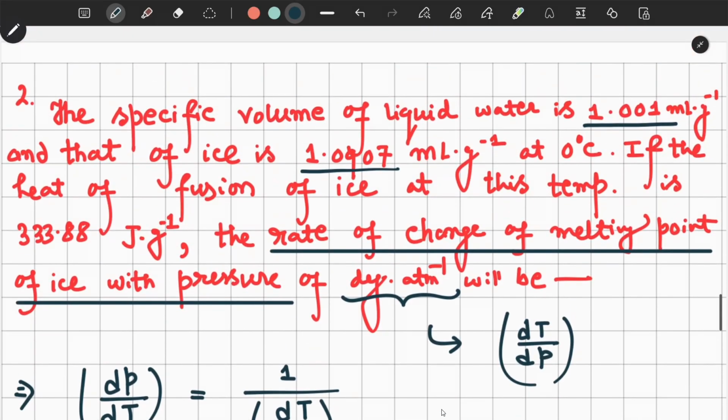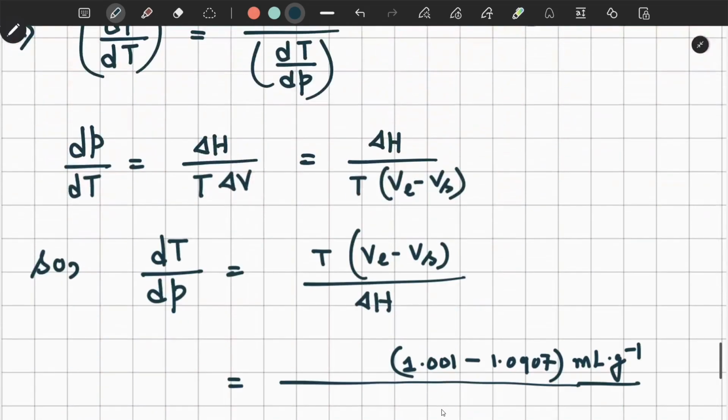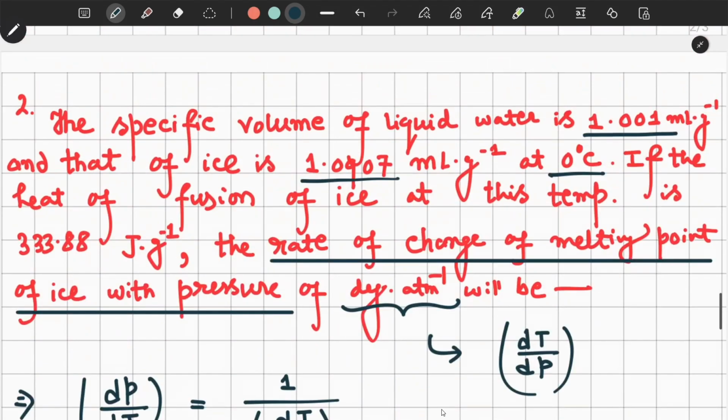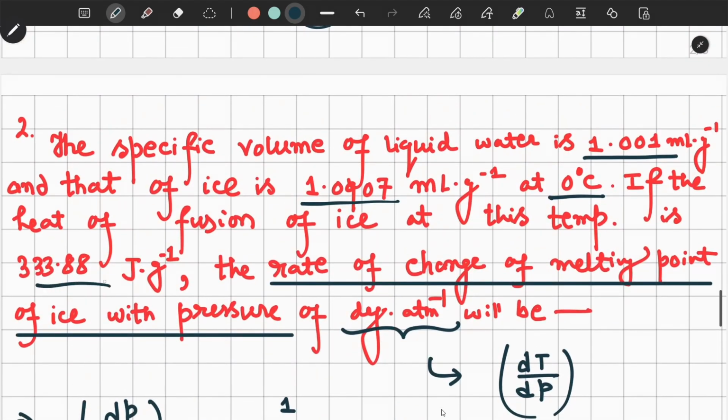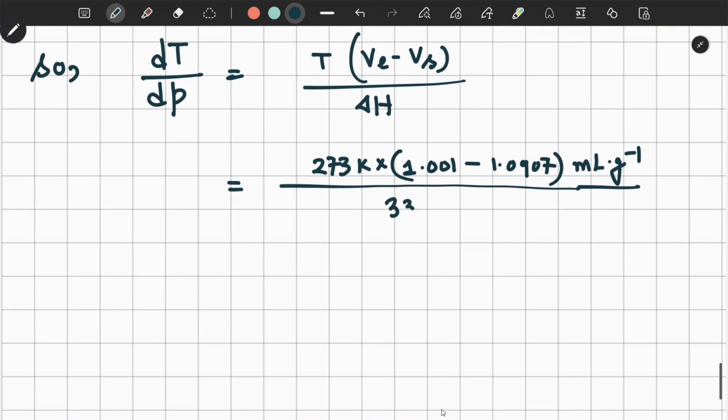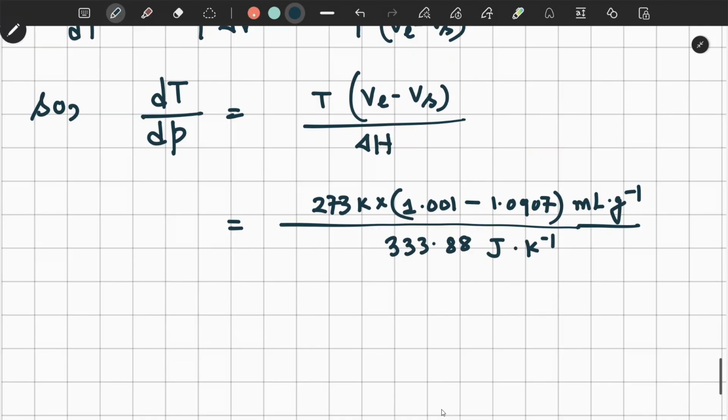Next, this is 0 degree, so it is 273 Kelvin, and the denominator will be delta H, which is given also: 333.88 joule per gram. So gram per gram will cancel out.